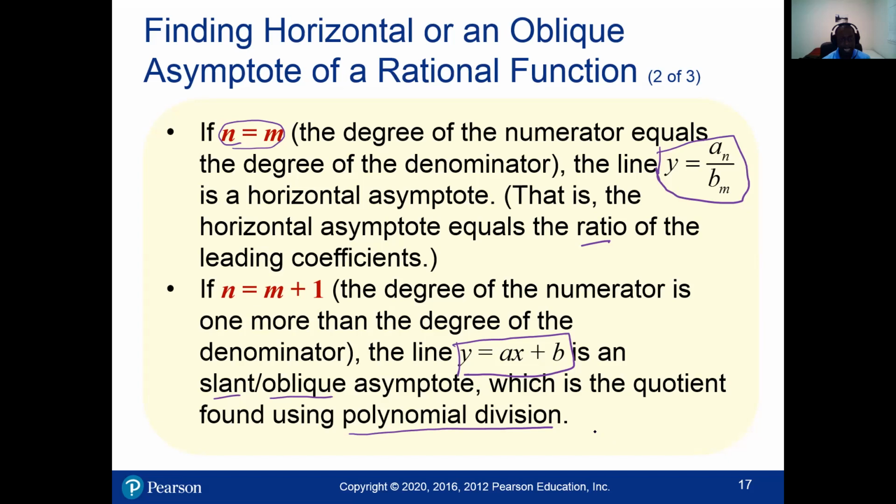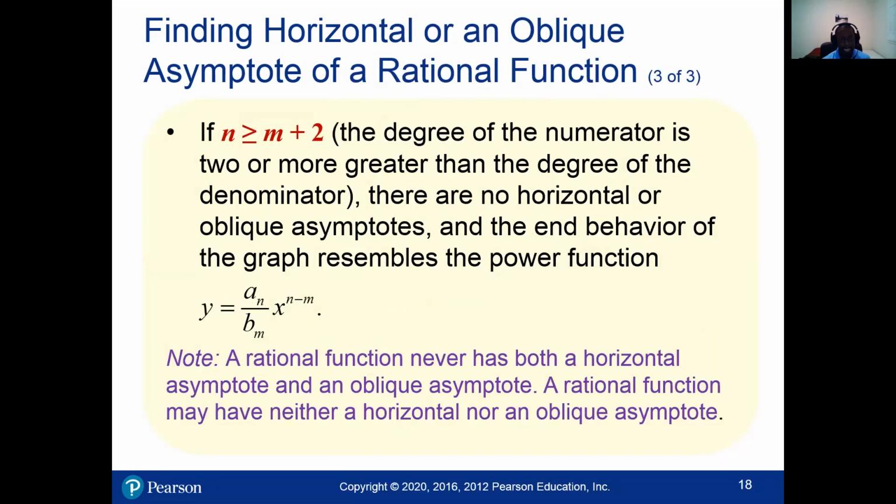We'll consider an example. Then case number 4, if the degree of the numerator is greater than the degree of the denominator by 2 or more, then it has no horizontal asymptote nor oblique asymptote, but the way it's going to behave will resemble the line y is equal to a_n divided by b_m times x raised to n minus m. Now note, a rational function never has both a horizontal asymptote and an oblique asymptote at the same time.